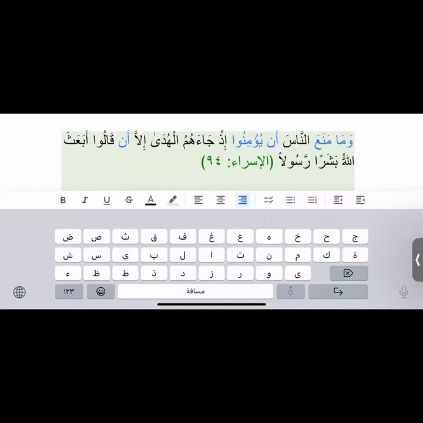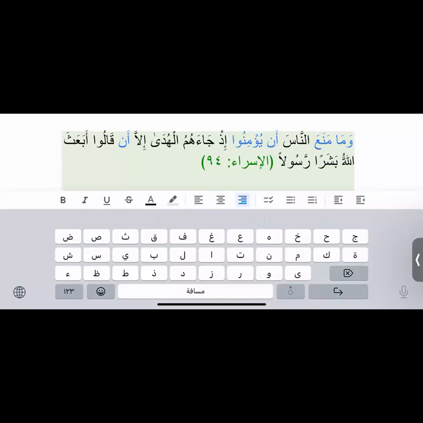An yu'minu. It prevented the people from believing. So it is again al-masdarul mu'awwal. What is it answering here? Mana an nasa, what?